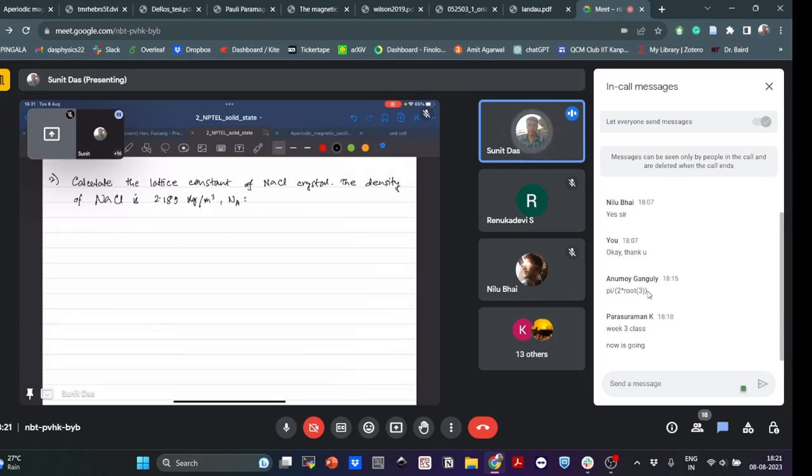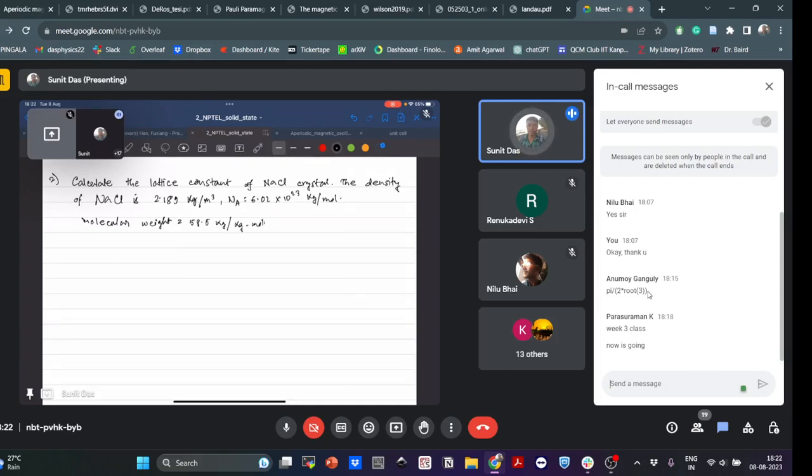Na is the Avogadro number. Also, it is given that the molecular weight of NaCl is 58.5 kg per kg mole.